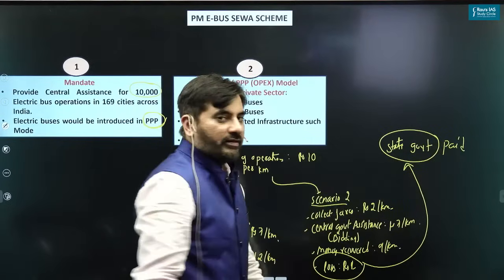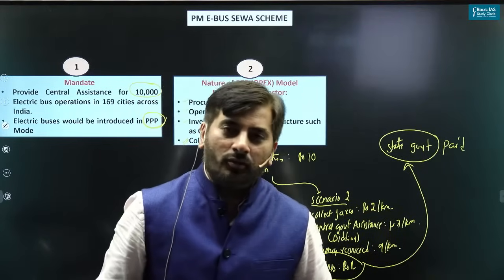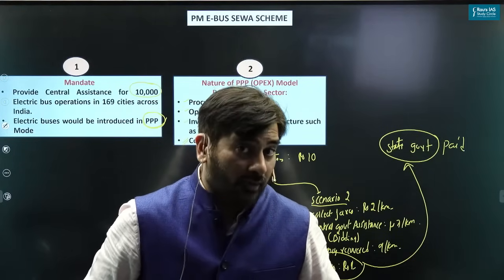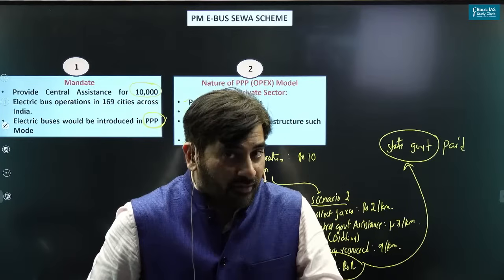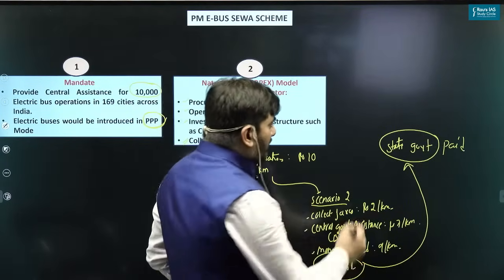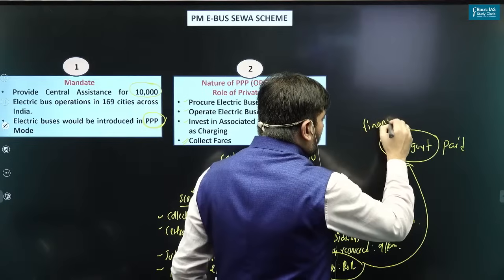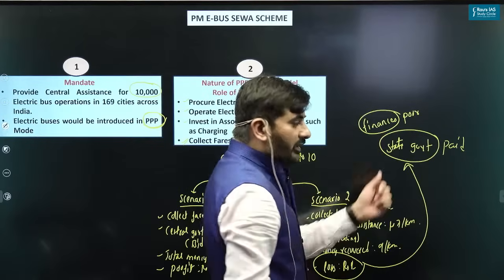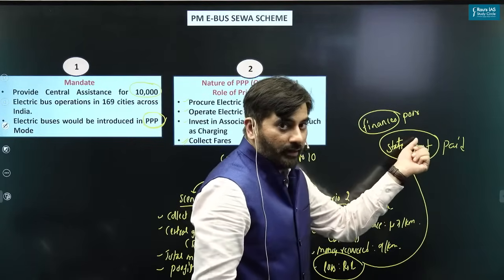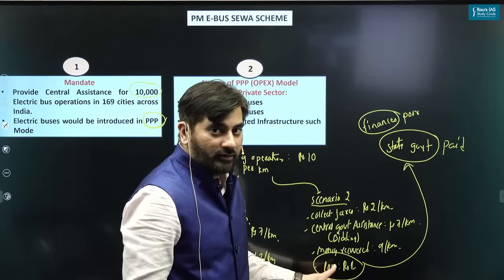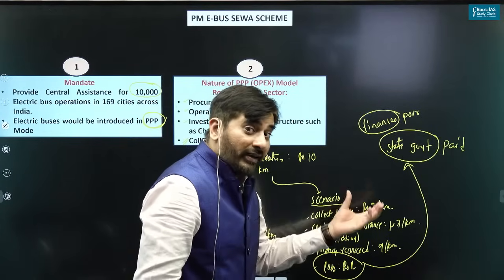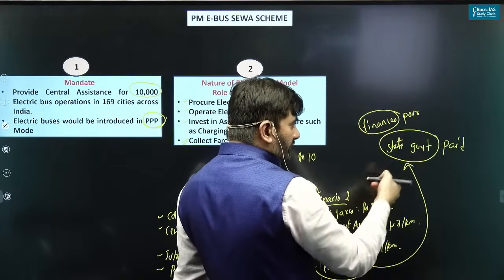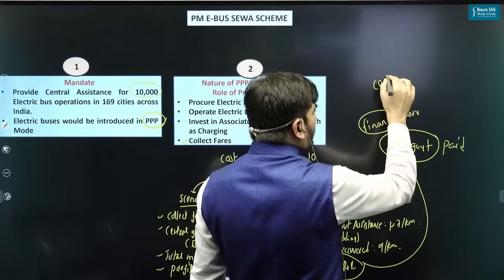Whenever the electric buses are incurring losses, that loss is to be paid by the state government. Is that clear? Now, the problem here is there might be situations where the financial position of the state government is poor. If the financial position of the state government is poor, can I say that the state government might not be in a position to pay for this loss of the electric buses? That is when the state governments are unable to pay for the losses of electric buses, that is when the central government will come into play.